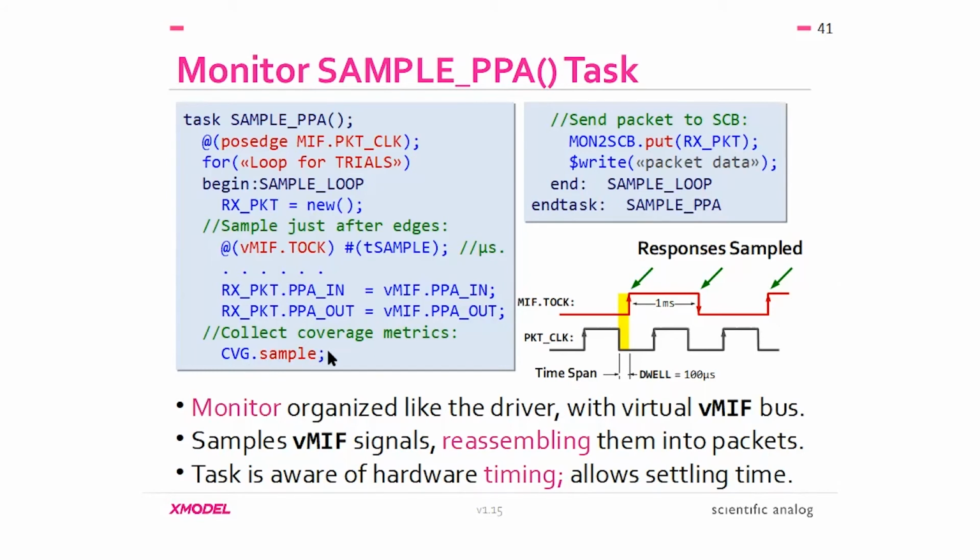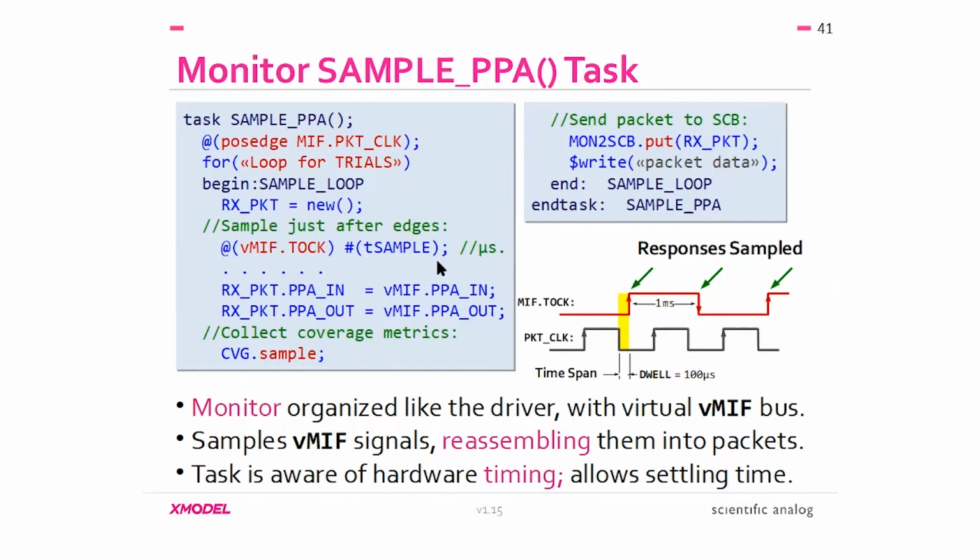The key point here is that now that we've applied a transaction and are certain it's been successfully used and we've got a valid amplitude coming out of the filter, we call the sample method on the coverage group, collecting more metrics data. And so the monitor has reconstructed the packets, sent them on up to the scoreboard.